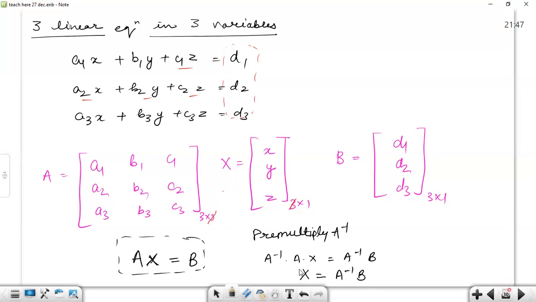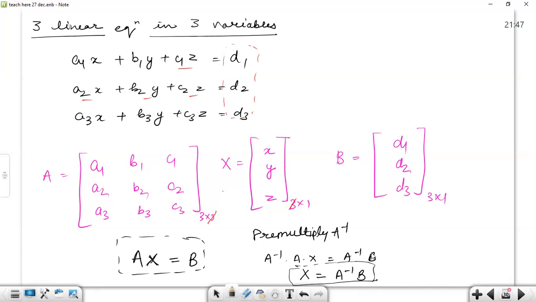So basically to find out the value of x, y, and z, you will have to pre-multiply the inverse of A matrix into B. Now we all know what is A inverse: adjoint of matrix A divided by determinant of matrix A, into matrix B. In questions and books, and for memory also, this particular form is better to remember.